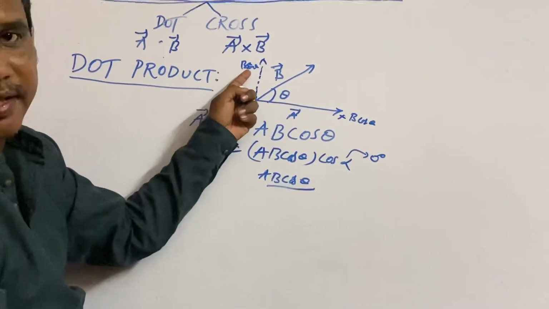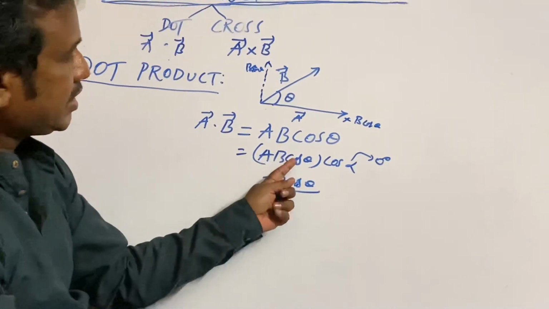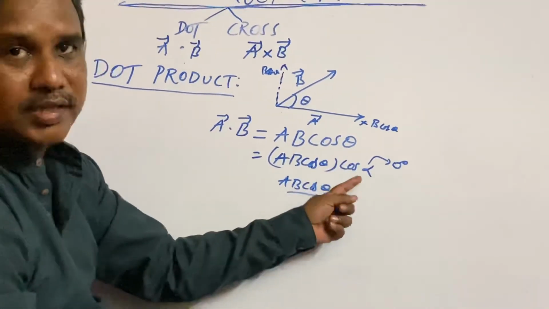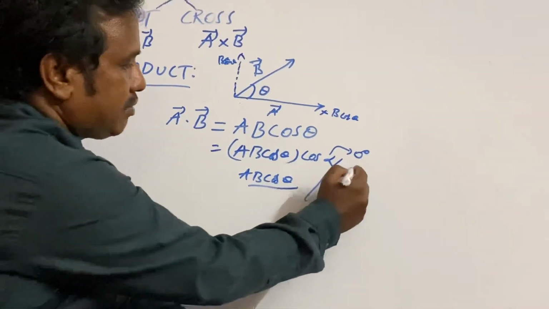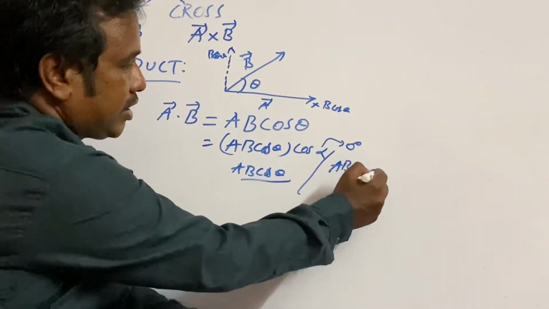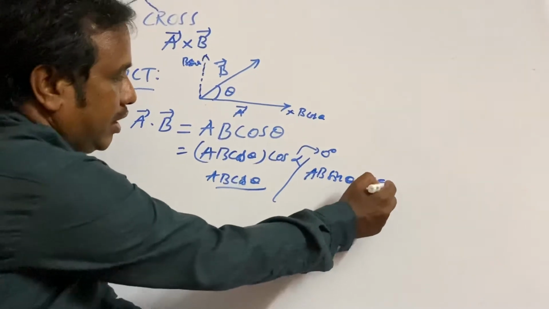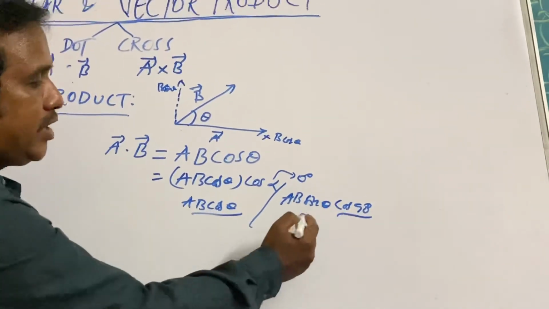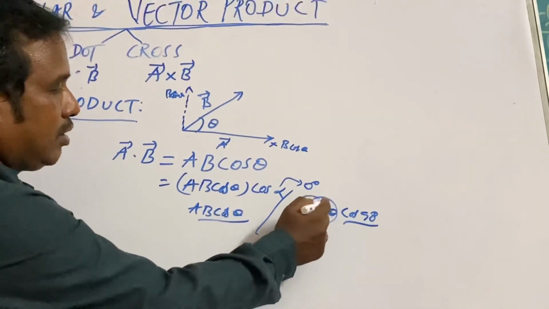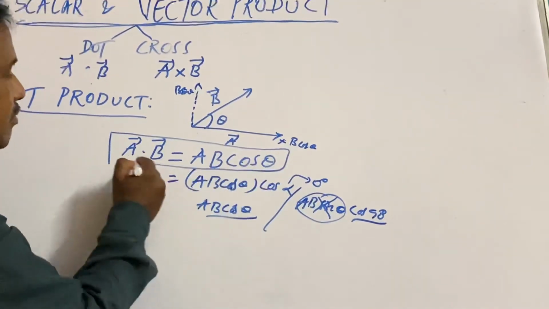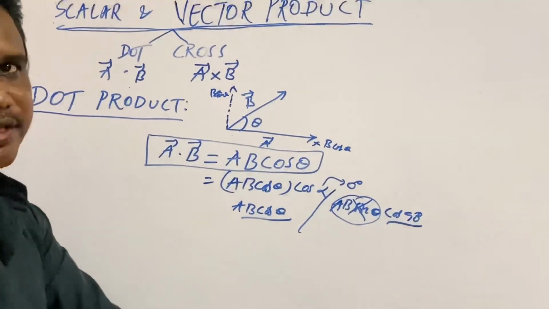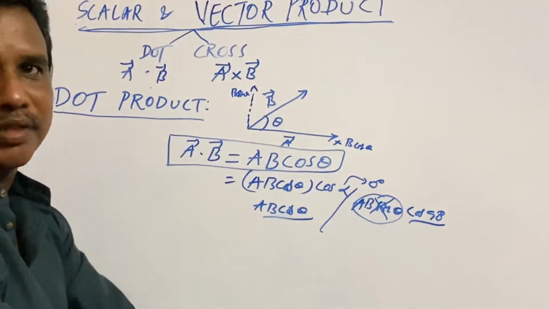For the other component, A with B sin theta, the angle is 90 degrees, and cos 90 degrees is 0, so the answer will be 0. That is why we are writing A dot B equal to AB cos theta. This is the dot product value.